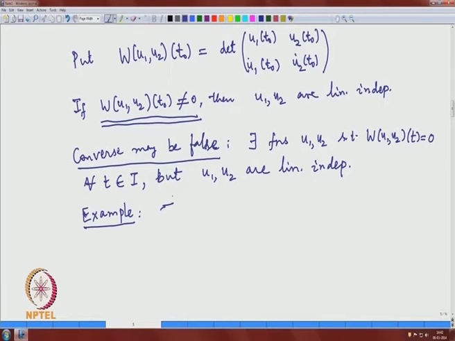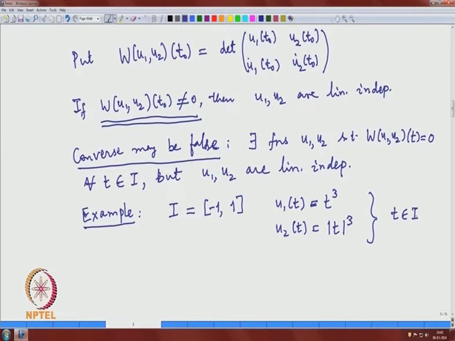So, I is some interval containing both positive and negative real numbers, say for example -1 and 1, okay, and u1(t) is t cube and u2(t) is mod t cube. Okay. So, this is for t belonging to I. Okay. So, you readily see that u1 is differentiable.